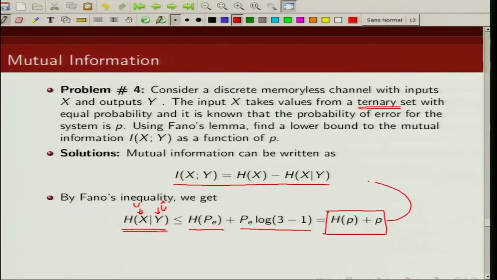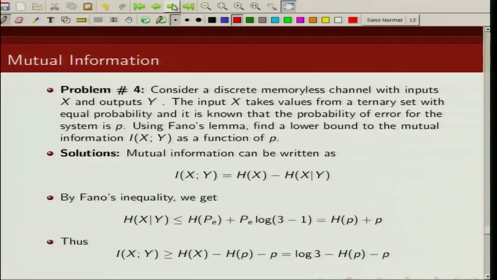Now, if I plug in this upper bound on H of X given Y in this expression, I will get a lower bound on mutual information between X and Y. So, mutual information is H of X minus H of X given Y, which is upper bounded by this. So, then the lower bound on mutual information is given by this expression. Okay.